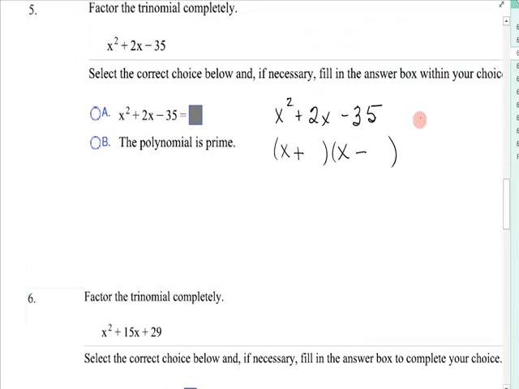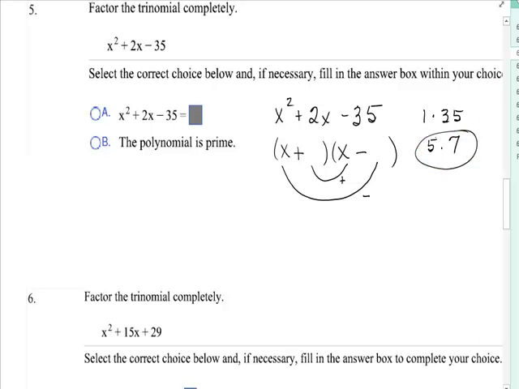Factors of 35. 1 times 35. 2 doesn't go in there, 3 doesn't go in there, 4 doesn't go in there, 5 times 7. I'm going to be picking the pair of factors that they're not going to add to be 2 because the outer is negative and the inner is positive. They have to have a difference of 2.